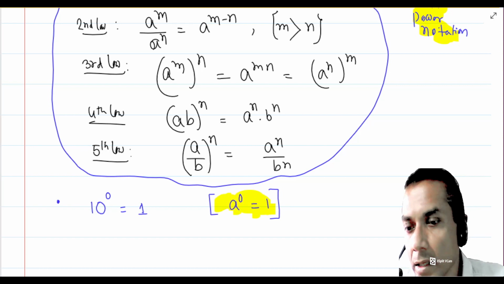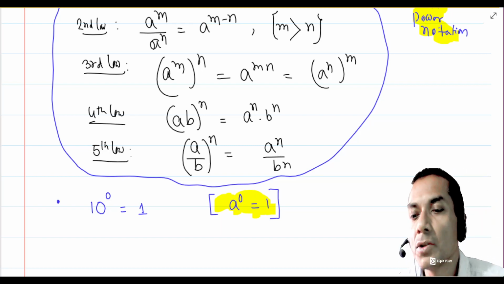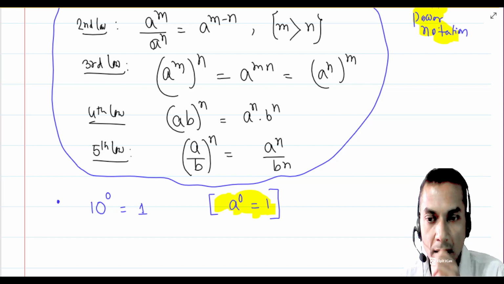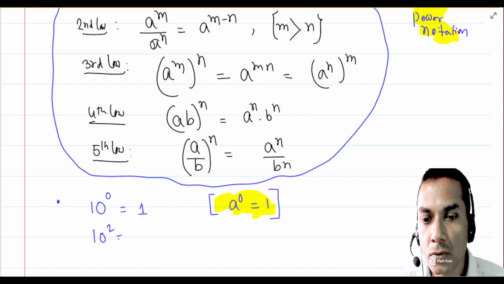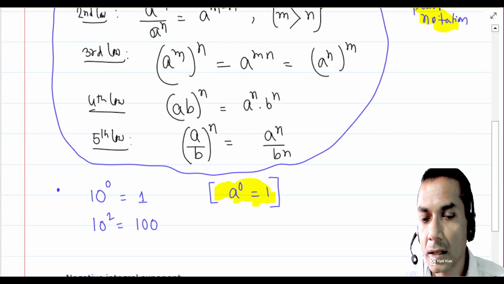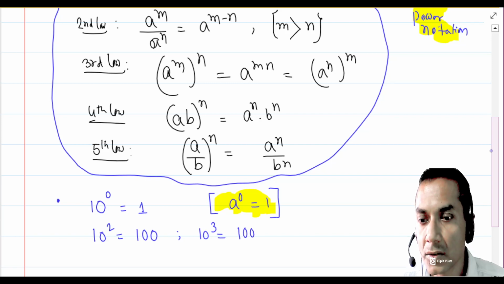So any rational number, if the power is 0, we get the result 1. Clear? So it is very easy to calculate. If I write 10 to the power 2, what does that mean? It is 2 zeros. If it is 10 cubed, you know that 3 zeros are there.